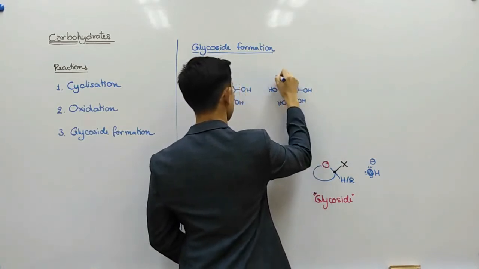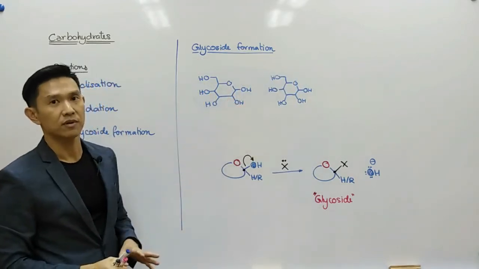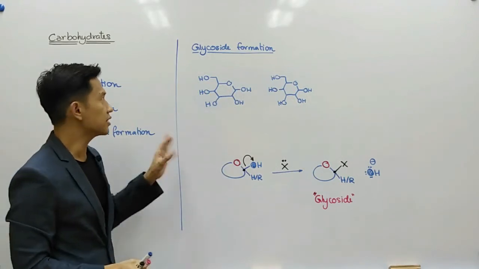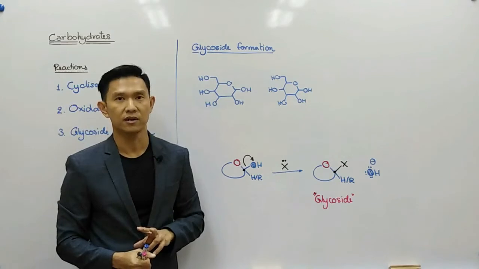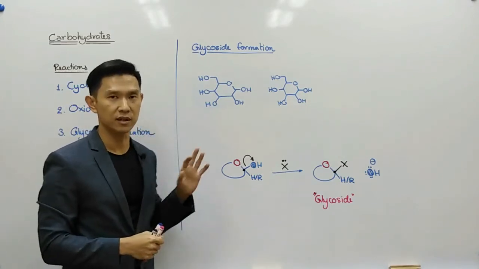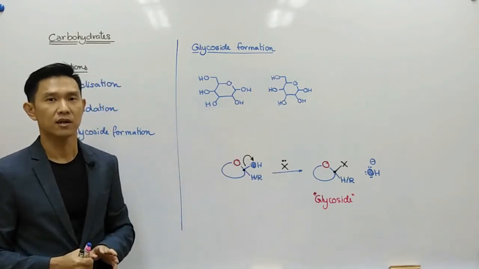So actually, we have several OH and several electron pairs in the system. This kind of condensation is controlled by an enzyme. So it depends on what kind of enzyme is used in the chemical reactions in your biological system.